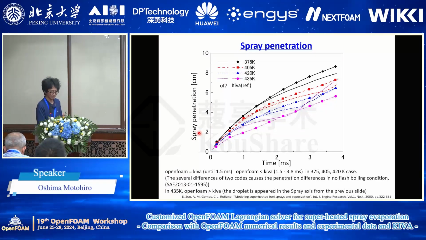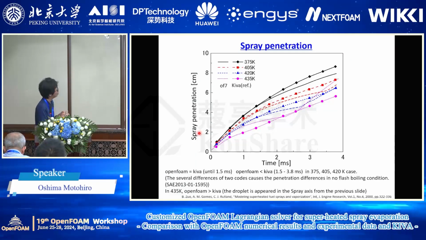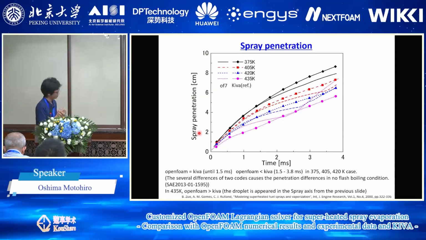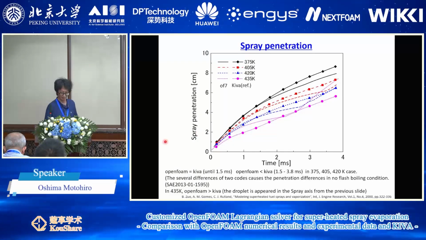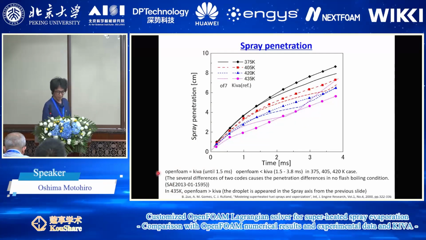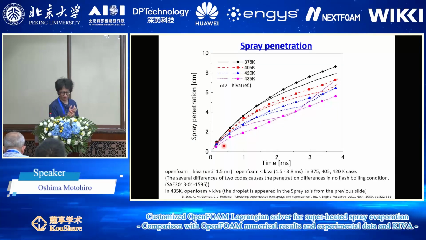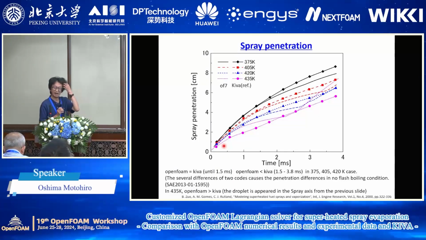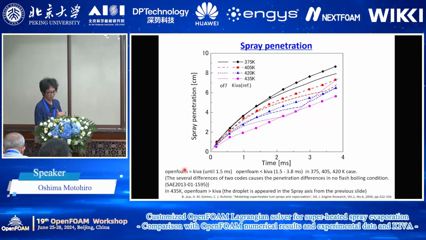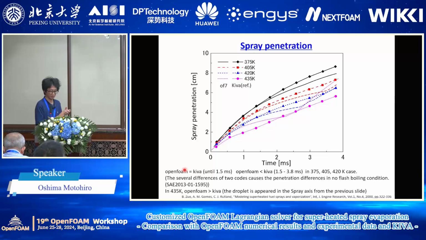The reason is that several differences between the two codes cause penetration differences in non-flash boiling conditions, as reported in this paper. At 435 Kelvin, the OpenFOAM result is higher than the Kiva result because droplets appear on the spray axis, as in the previous slide.